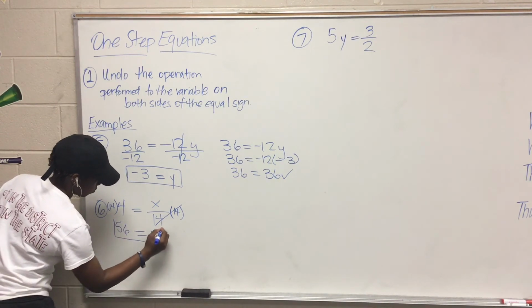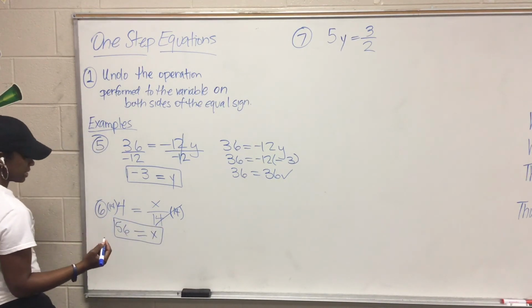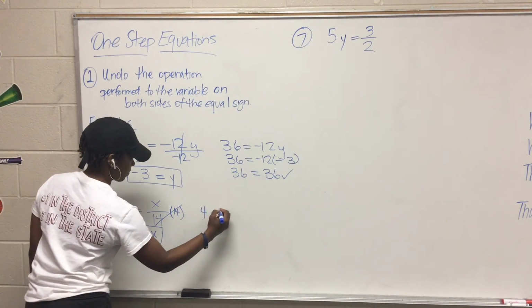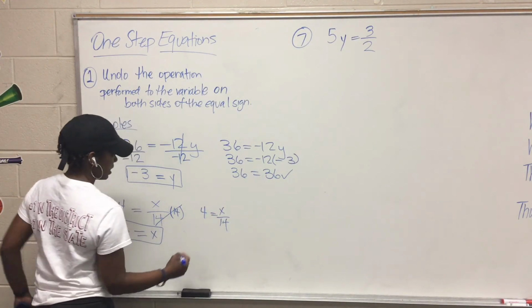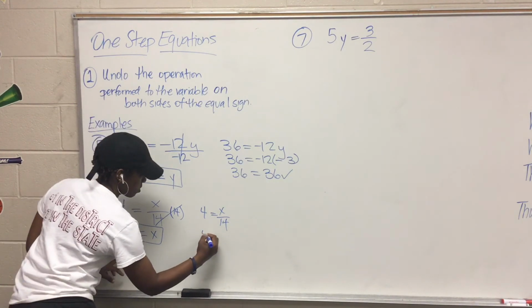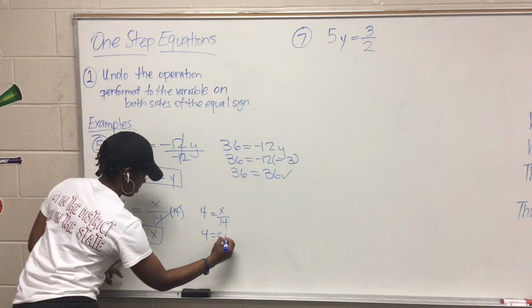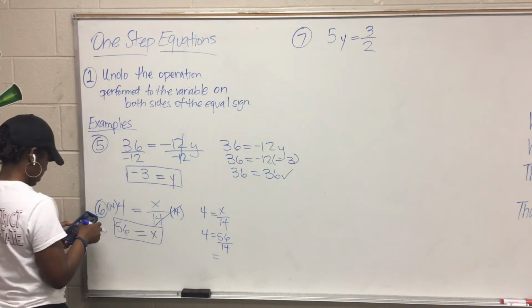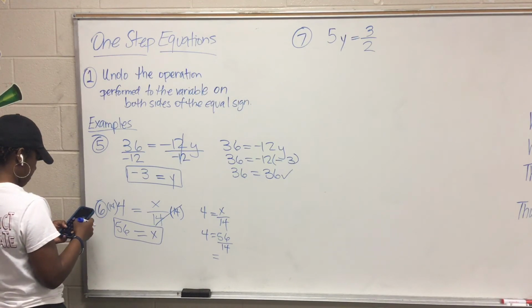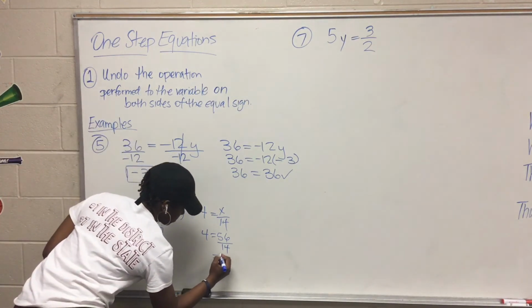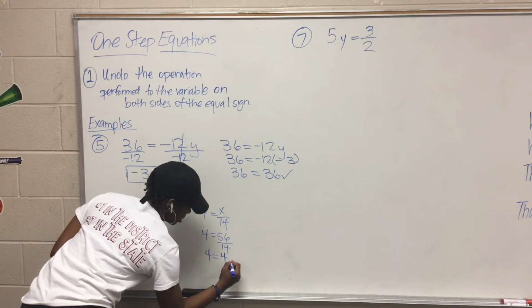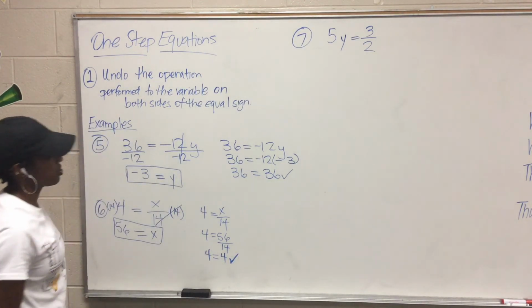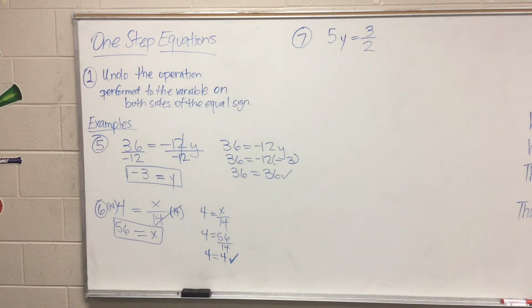If I want to check myself, I just rewrite it and sub in my answer for x. So 4 equals 56 divided by 14. I want to check to make sure that 56 divided by 14 is 4. I get the same thing on both sides, so I know my answer is correct. This is a very important step: checking your answer to make sure that it is correct.